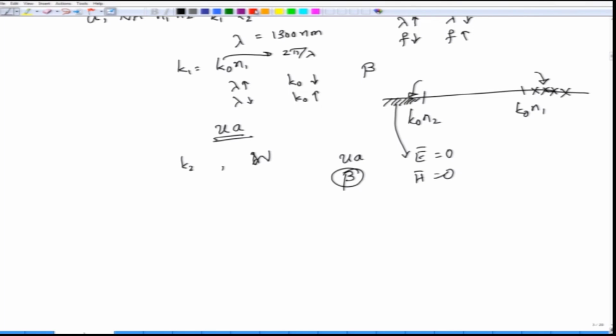Now suppose by some luck or by some design you are sat in this particular position for a given lambda, okay, which means there is a corresponding beta that is associated for that one, and there is a corresponding nu, the order nu that also you have found out. For nu equal to something you have found out this particular condition.